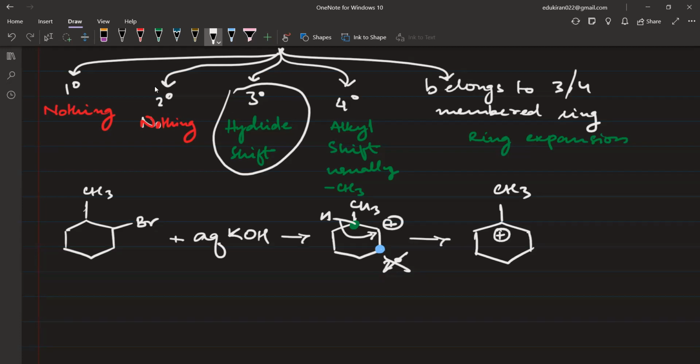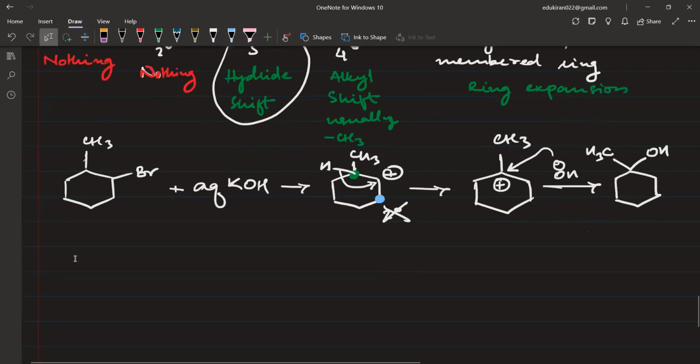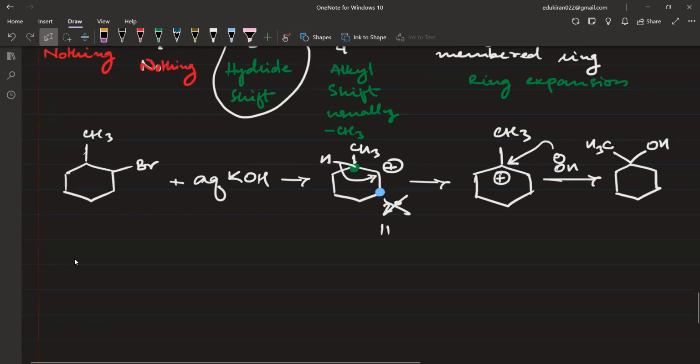Okay, then further what is going to happen? The OH negative will come, it will attack here, and you are going to get a product like this. ठीक है, what is happening here? Hydride shift, H shift.